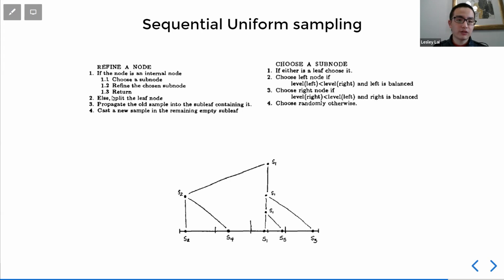And then we split the leaf node. So we probably have a split here. Our S4 will be on the left-hand side of our new subleaf, and then if we want to add an S6, it will be on the other side.